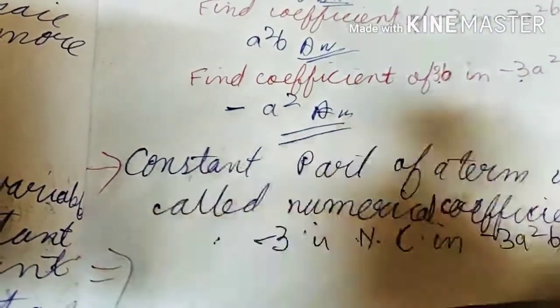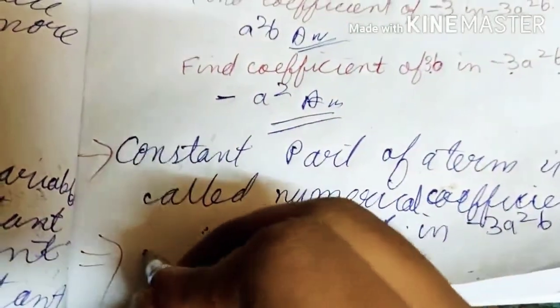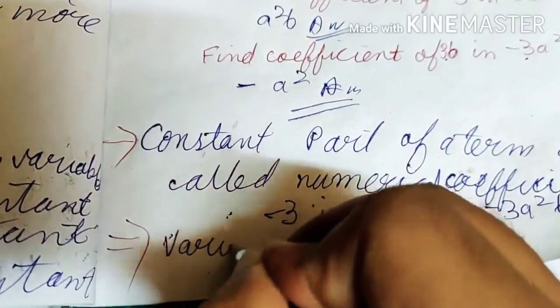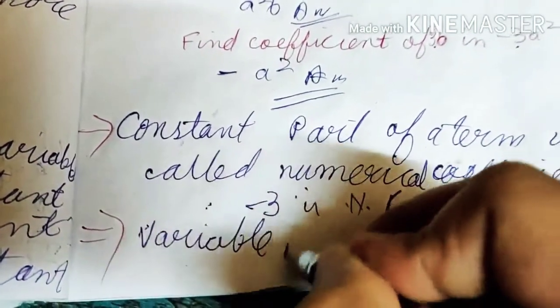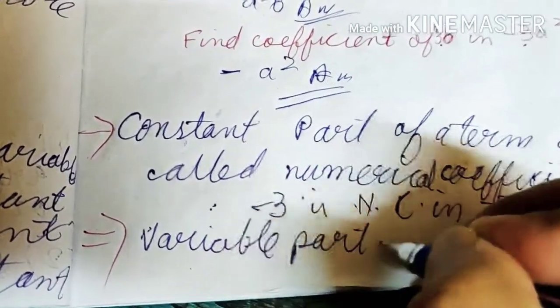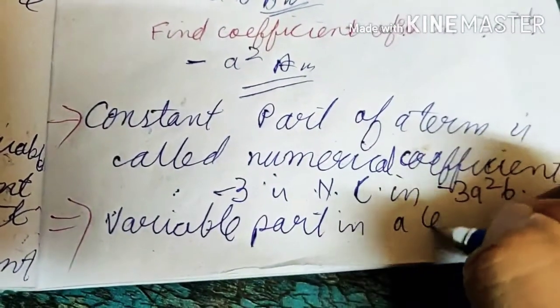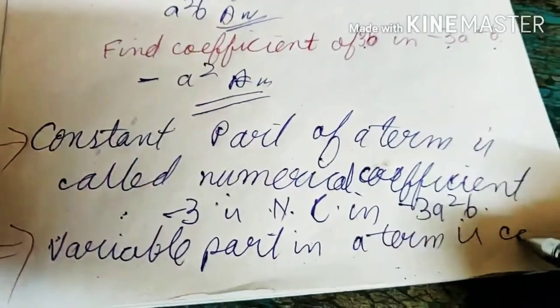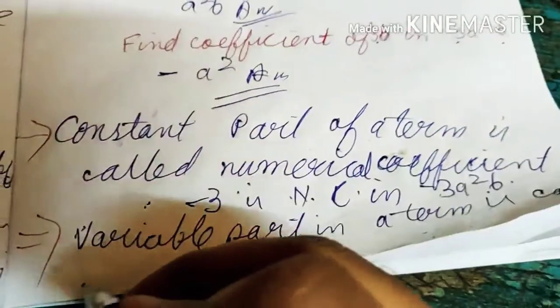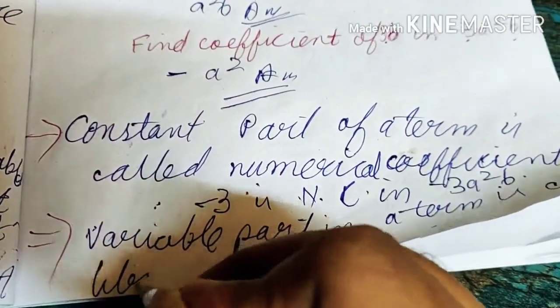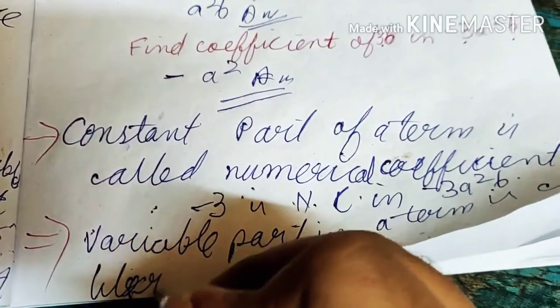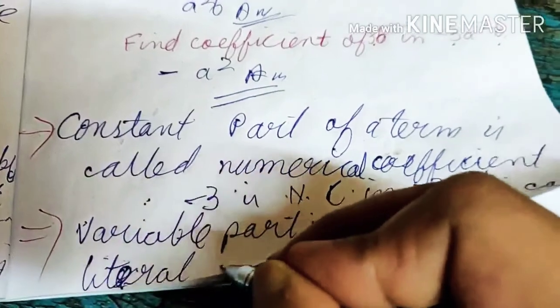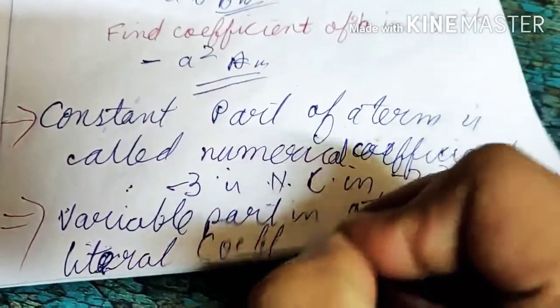Our second thing here is that the variable part in a term is called literal coefficient. Okay, literal coefficient.